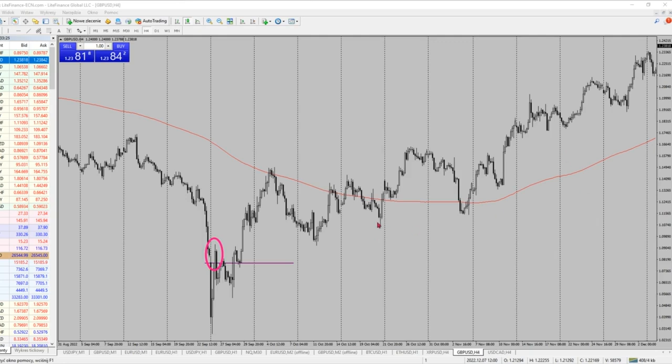In that case, it was the close above, but taking into consideration the break to the downside, we didn't close above 50%. So in that case, I'm looking for the pullback into the half of that downside break before I'm going to join the party to the upside.